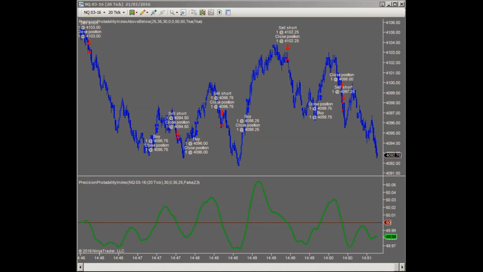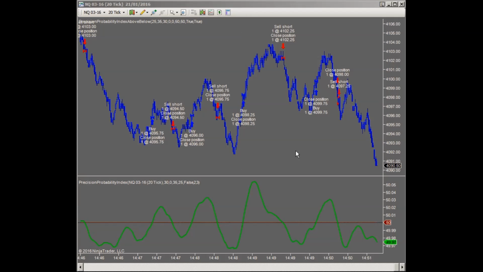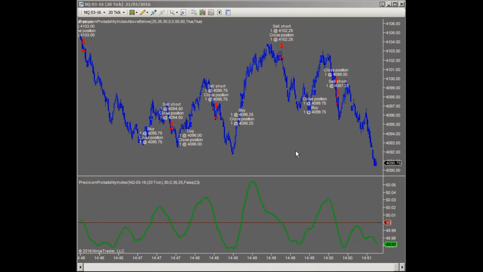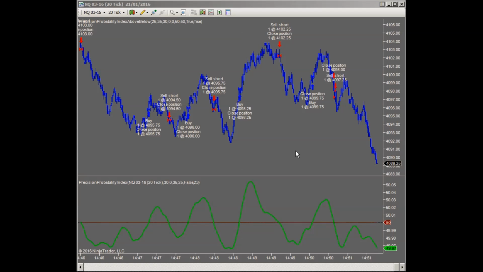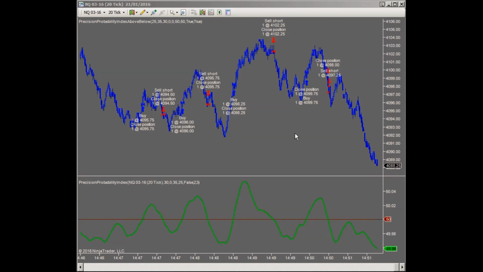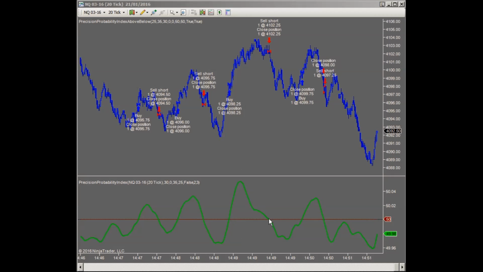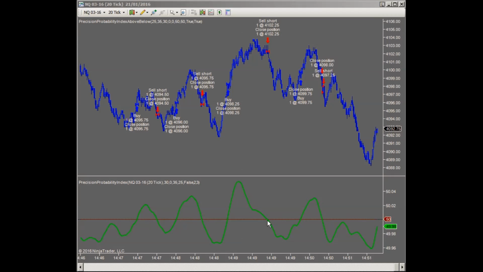This is the Precision Probability Index indicator, and the strategy is the above and below strategy, which comes with the gold version and the silver version. The way this differs is that this strategy trades when the price crosses below this midpoint.